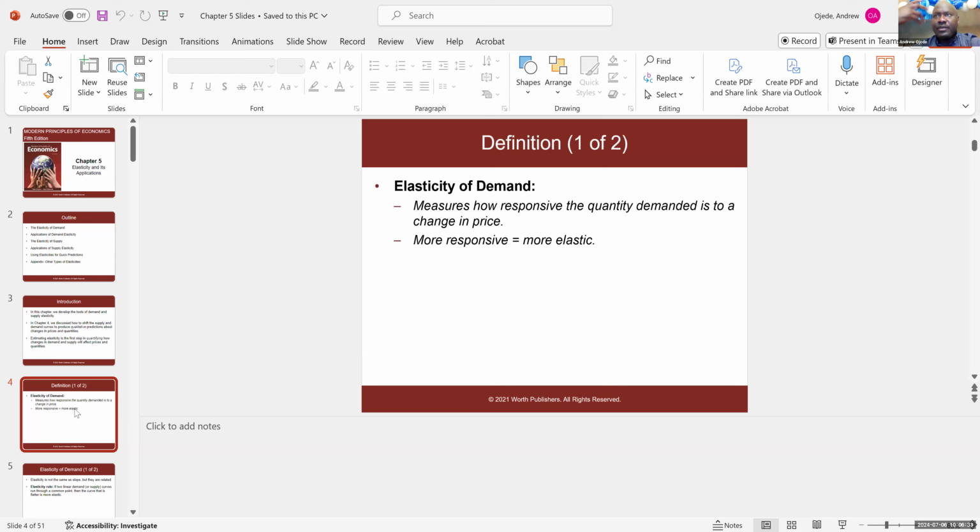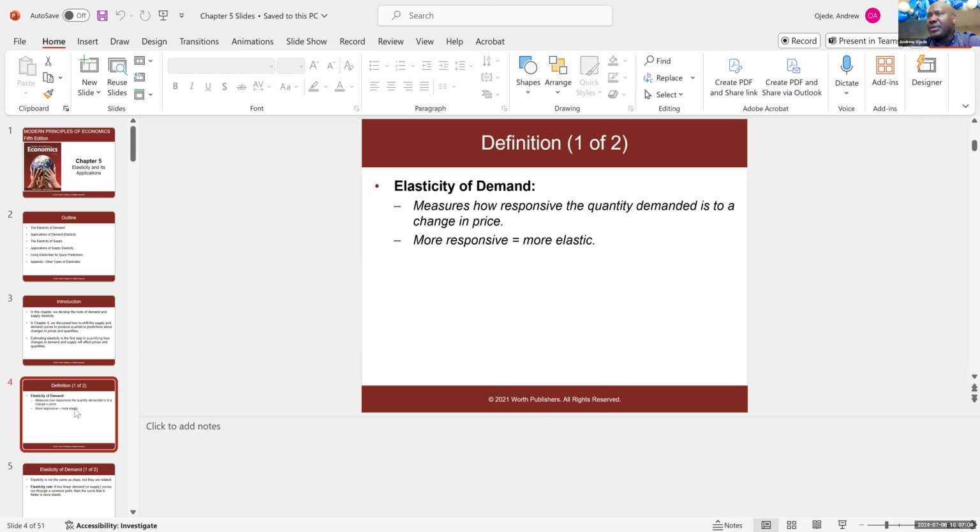So when consumers respond a lot by cutting demand anytime there's a price change, let's say price goes up by 1 percentage point and consumers cut the quantity demanded by more than 1 percentage point, you can see that the response in quantity is more than the percentage change in the price in the first place. Then we say those goods have what we call elastic demand.